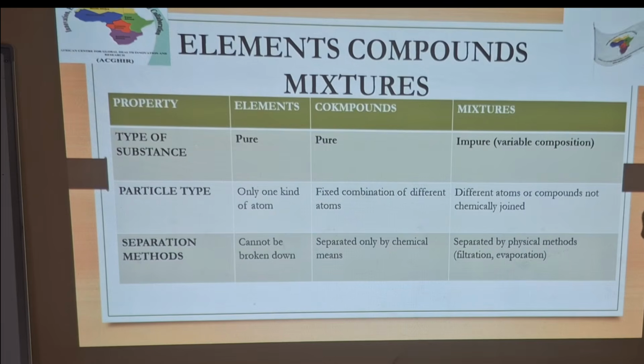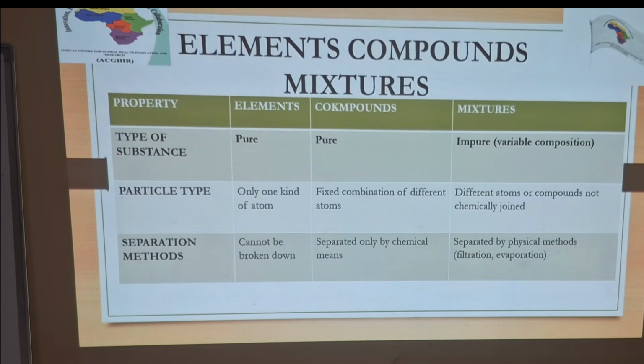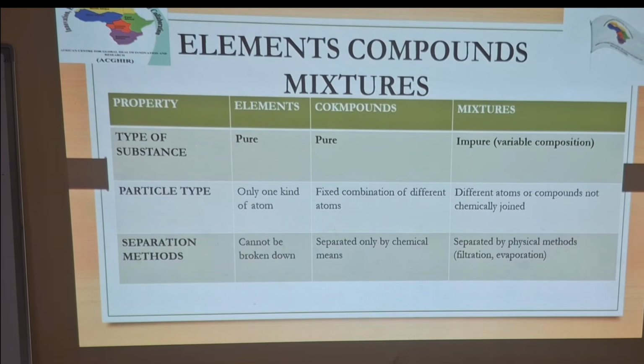So this is a comparison of elements, compounds, and mixtures in terms of the type of substance, particle type, and separation methods. Elements are pure. They contain only one kind of atom, and they cannot be broken down. Compounds are also pure. They contain a fixed combination of different atoms, and they are separated only by chemical means.